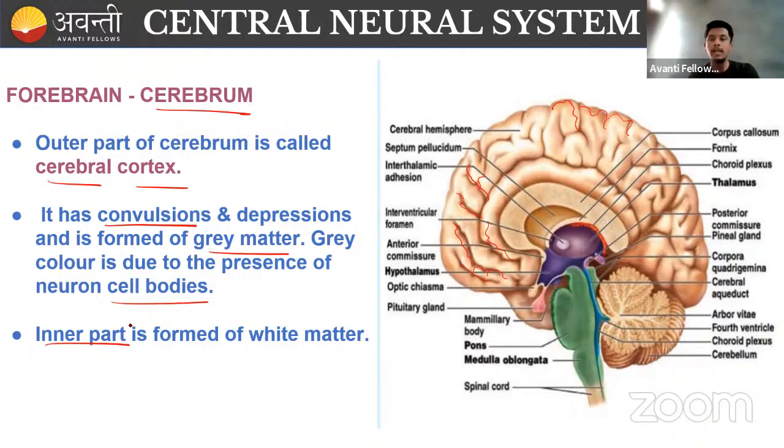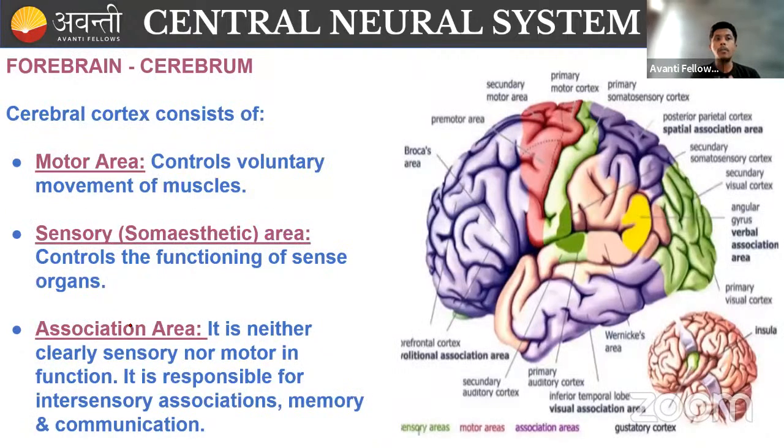Since myelin is present, which gives a translucent appearance, it makes this layer appear whitish. So the inner layer of your cerebrum is made up of white matter, and the outer layer is made up of gray matter. Is it clear?